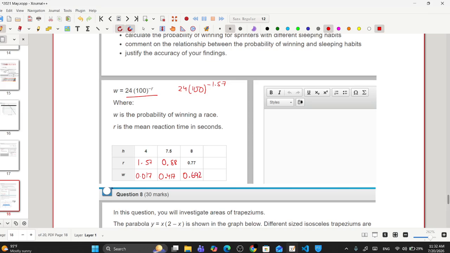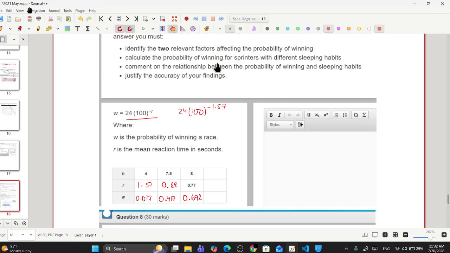You see, what's the focus? It says calculate the probability of winning for sprinters with different sleeping habits. Comment on the relationship between the probability of winning and sleeping habits. Justify the accuracy of your findings. There is a lot that we have to do. First things first, two relevant factors.